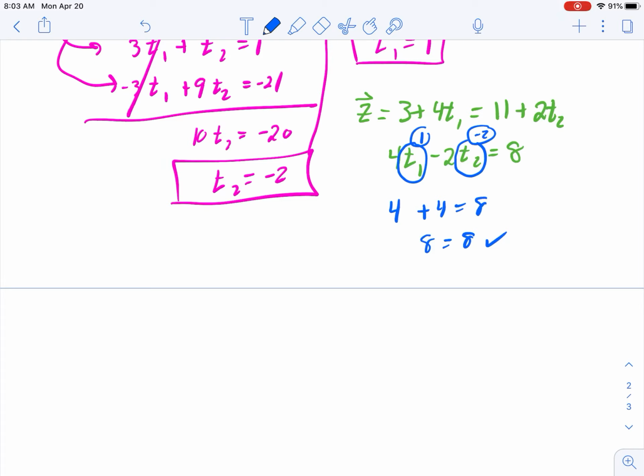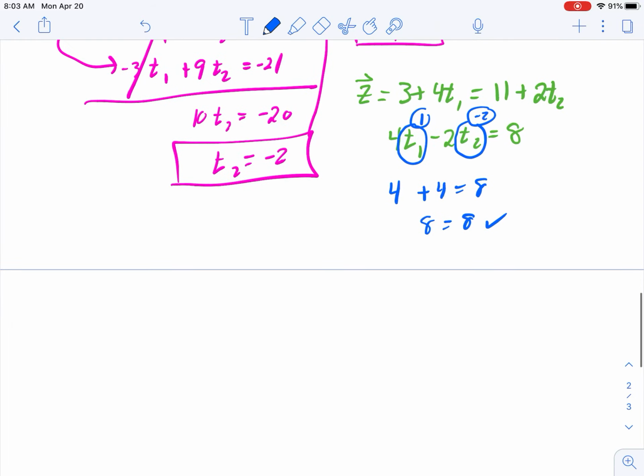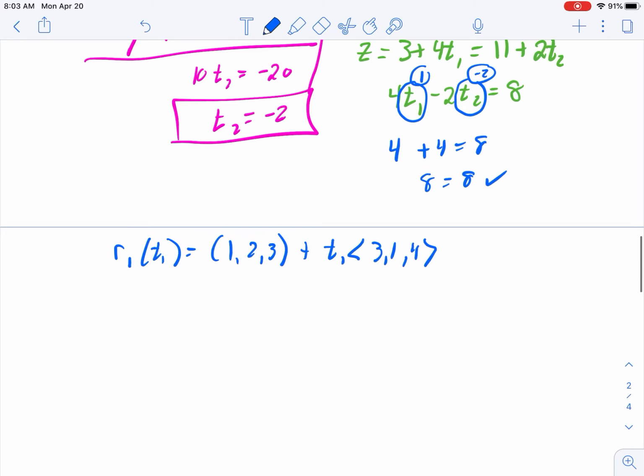So now let's look at if I wanted to find where they will intersect. Then I can use either equation. So if I had my, let's say R1 T1, and I had the point 1, 2, 3, and T1 of 3, 1, 4.